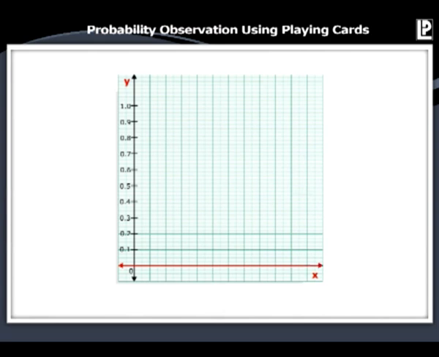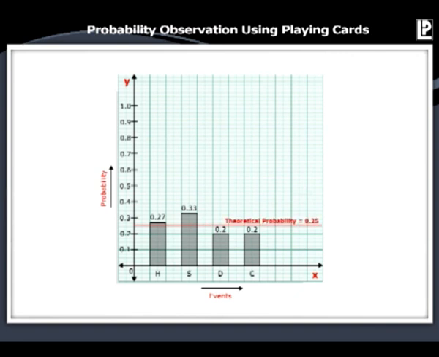The x-axis indicates the event: heart, spade, diamond, and club. The y-axis indicates the probability of drawing out an event: a heart, a spade, a diamond, and a club. Let's plot the theoretical probability value, which is 0.25 for all the events.